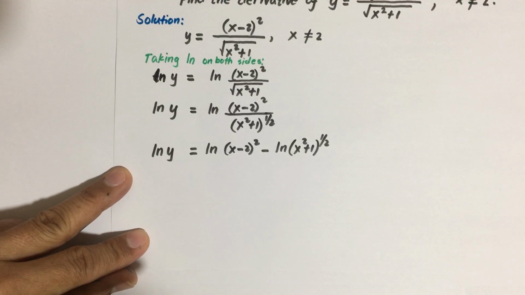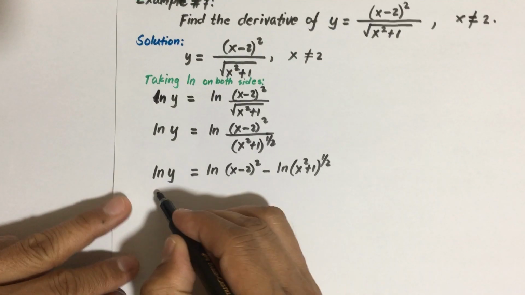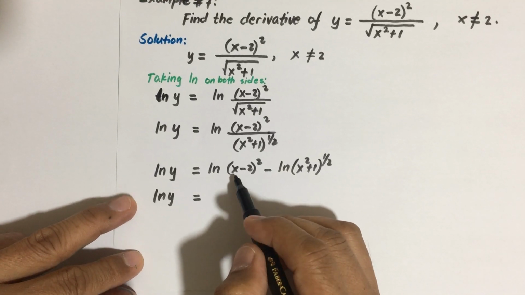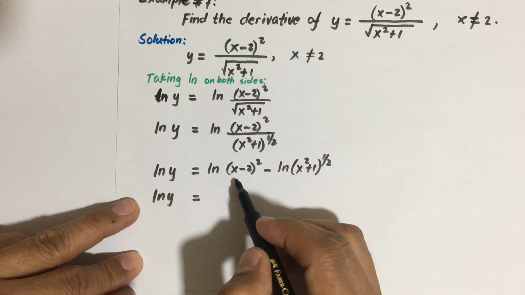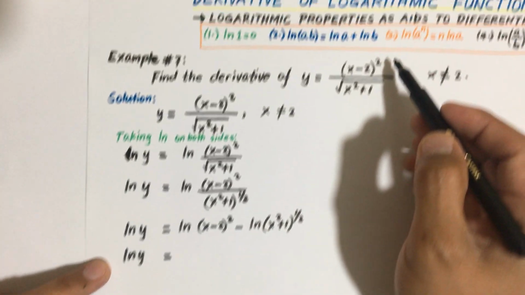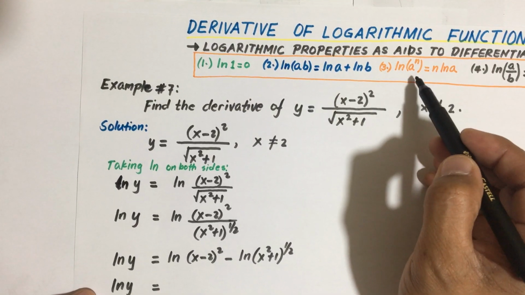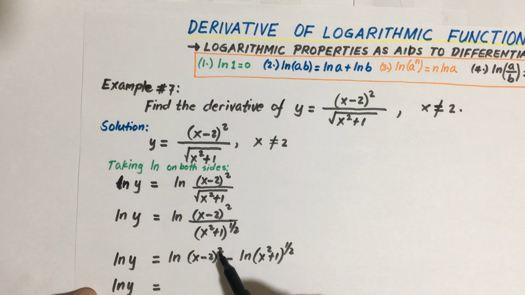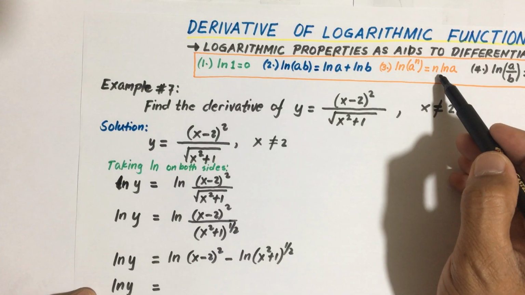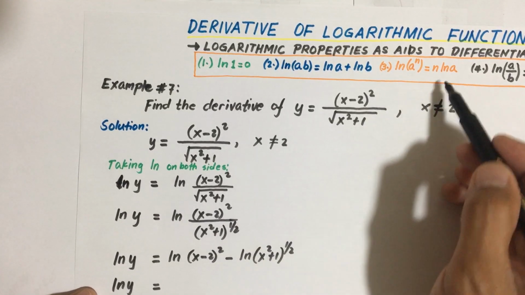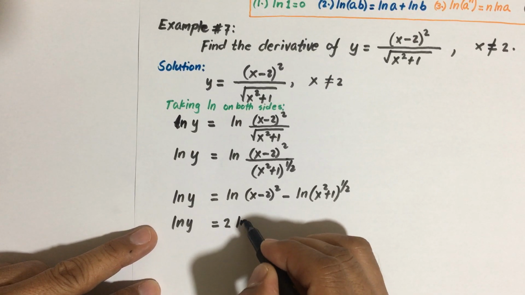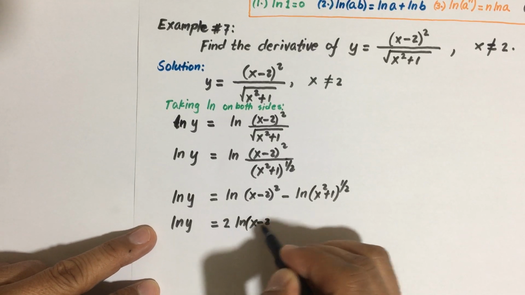Okay, and then applying the other property for the first term, so ln y equal to, the first term here follows property number 3, right? Because it is in the form of ln a to the n, this is equivalent to n times ln a. So rewriting it in this manner, we have 2 times ln of x minus 2.